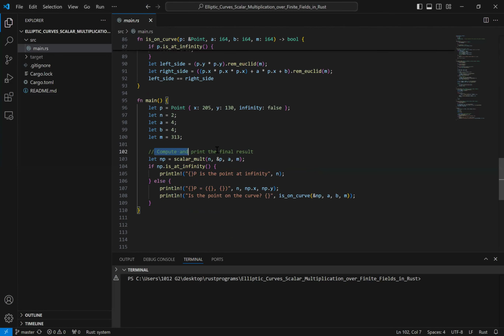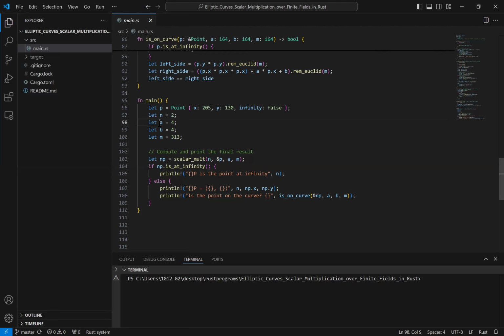And I've asked it to compute and print the final result. What I want it to compute is NP. I've defined P, my point, and N, I want it to be 2. I can change it to 3, 4, 5, 6. N is the value you want, the scalar you want to multiply by P.